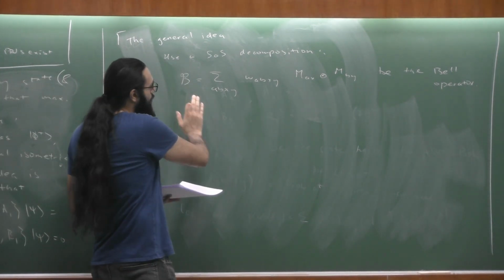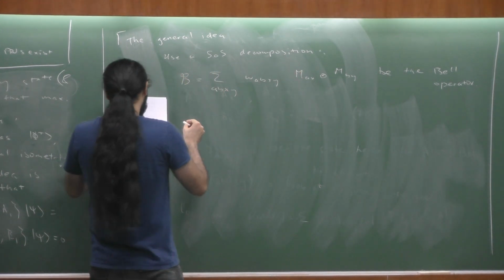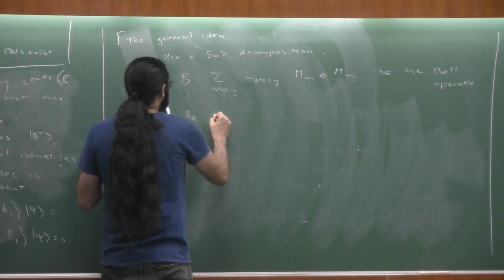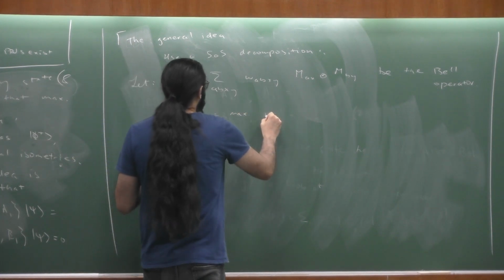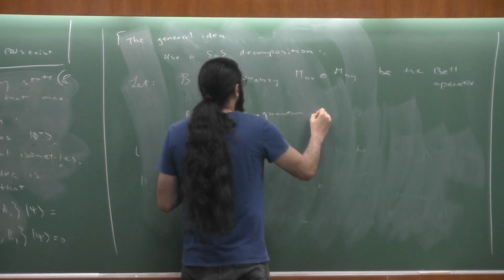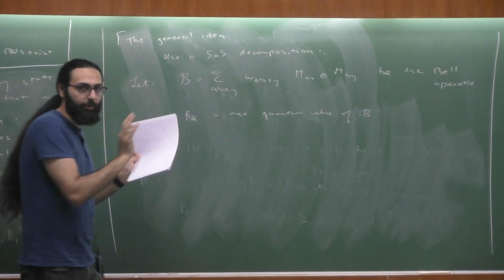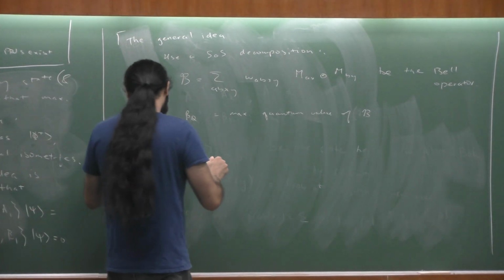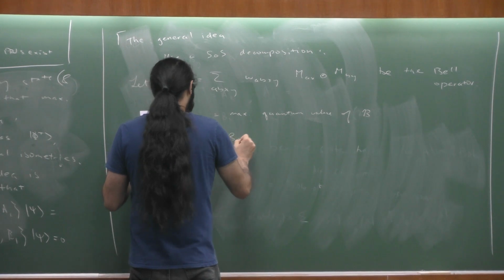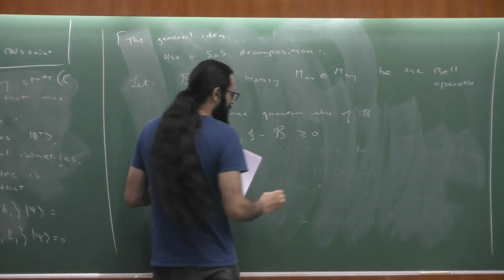So suppose you write the Bell operator. This is a general Bell operator, and you let beta_q be the max quantum violation, the max quantum value of beta, meaning using proper measurements and a state. Now the first note is that beta_q times identity minus the Bell operator B is positive semi-definite.